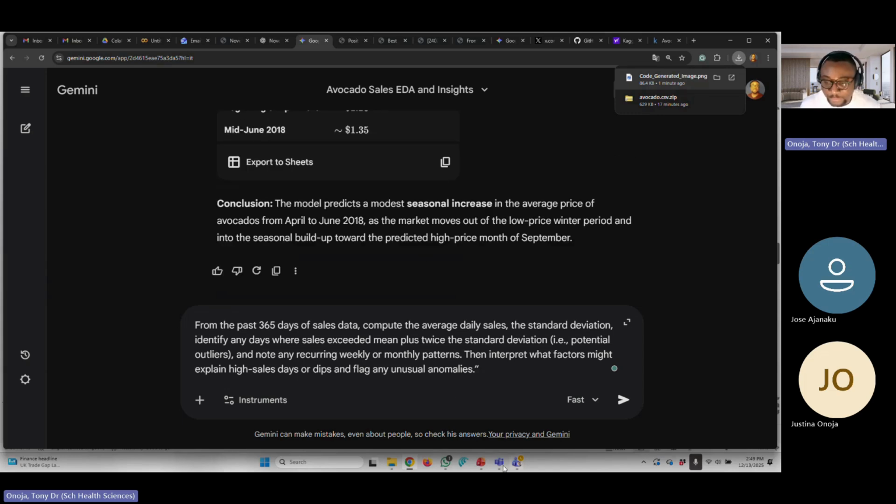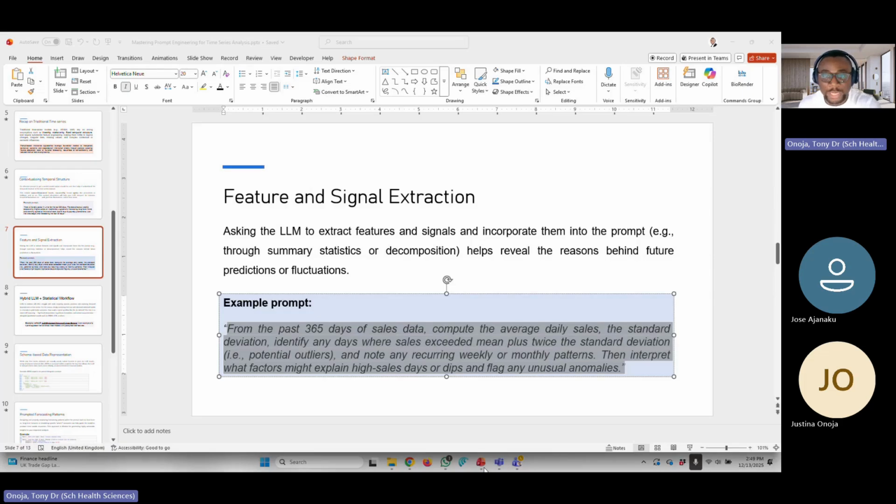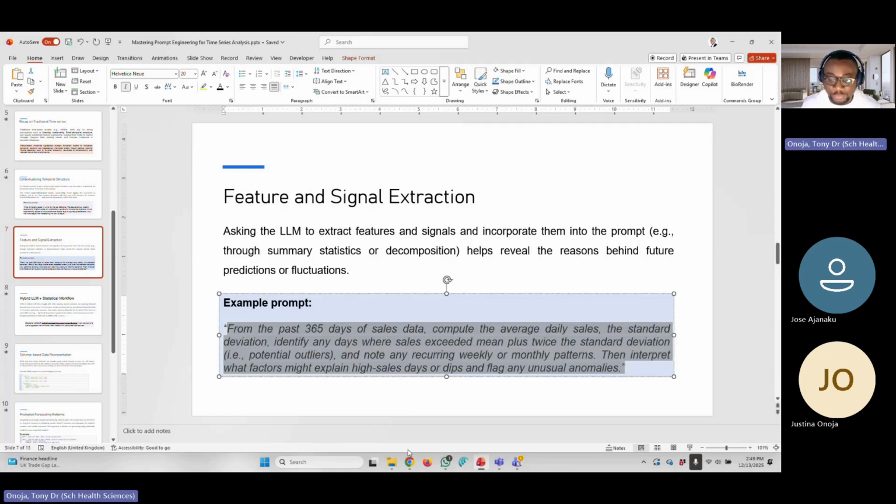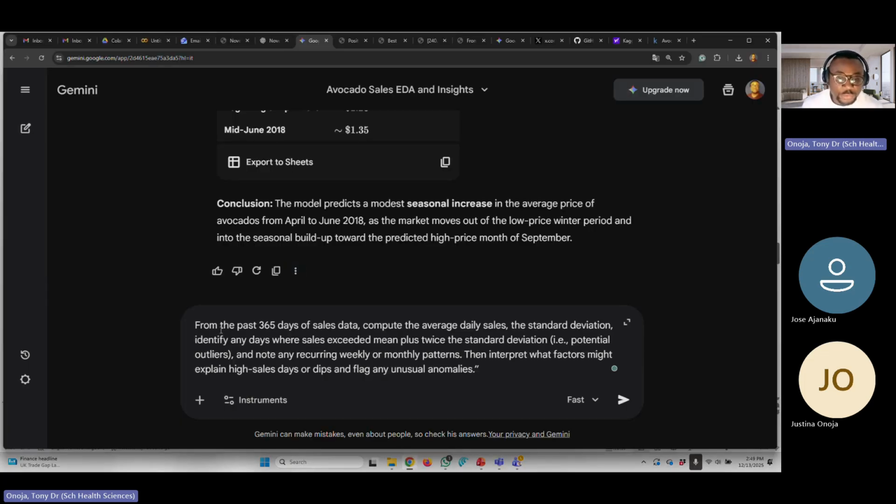So the next thing we are interested in is future and signal extractions. Okay. So now let's modify these prompts to reflect what we want to do. So of course, like I said, we don't need the data. So we are going to talk about from the EDA you have done.